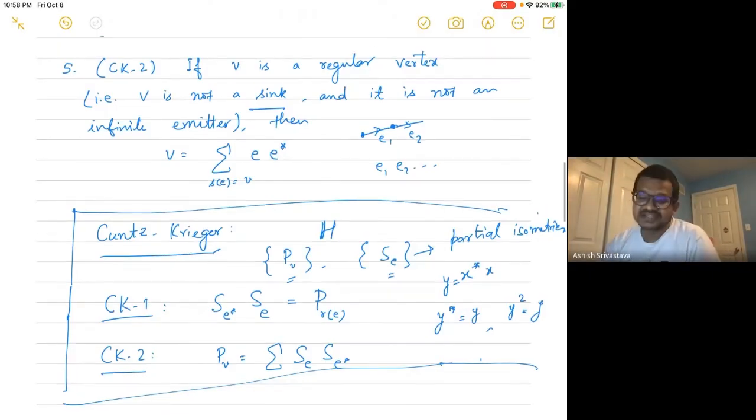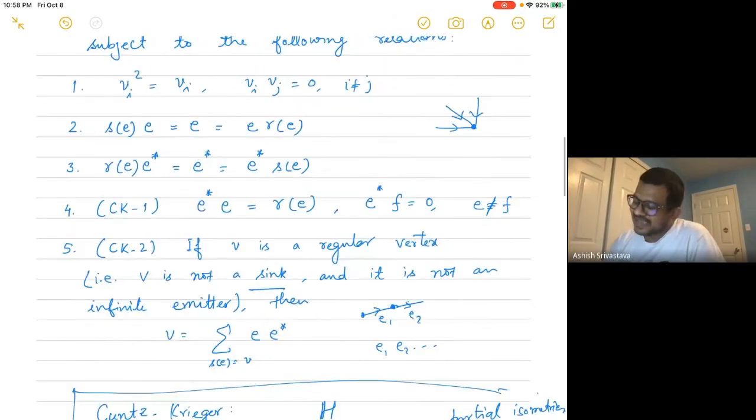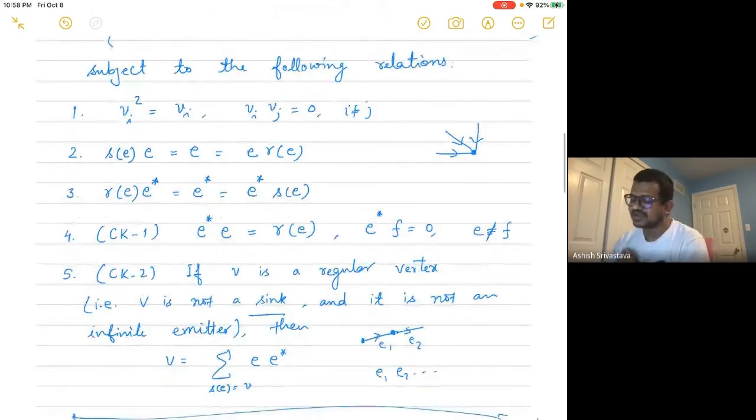And in fact, right there, there is a small exercise for you. You can say, you told us how to multiply two vertices, and how to multiply an edge with its source or range, but what happens if I take any two different edges? How do I multiply them? Well, it's hidden right here.